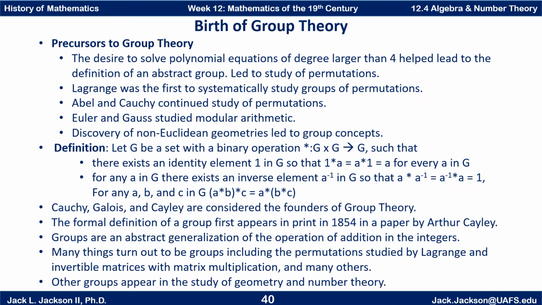An earlier version of a definition of group was by Galois. Again, groups are an abstract generalization of operations. Many things turn out to be groups, including permutations that were studied by Lagrange, invertible matrices with matrix multiplication, which are studied by others, and many other things.